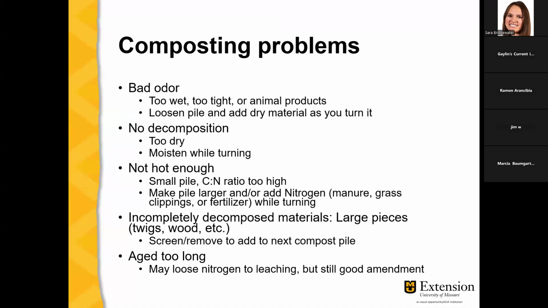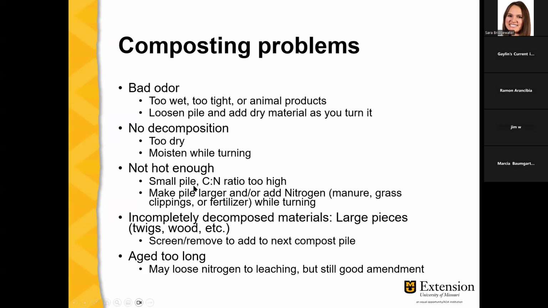If it's not hot enough, that means the pile is too small, so the outside temperatures, maybe in the winter, are cooling it off. Or the carbon to nitrogen ratio is high. There's not enough nitrogen for the microorganisms to grow and be active and increase the temperature.